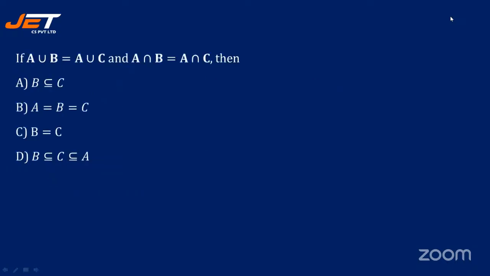If A union B is A union C and A intersection B is A intersection C, then which of the following is right?